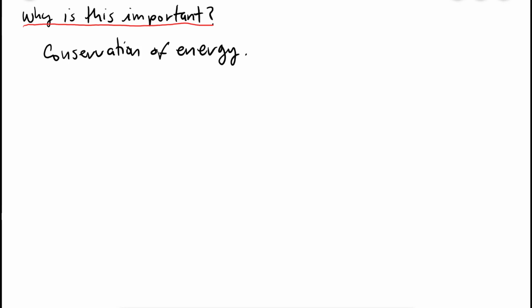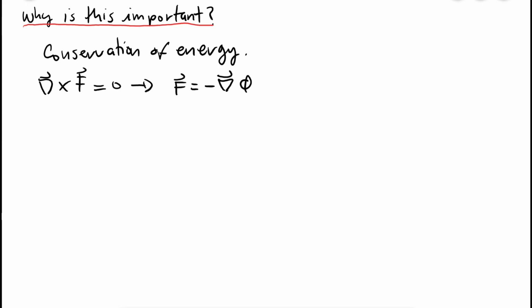Mathematically speaking, if the curl of a vector field is zero, then this implies that F can be written as the gradient of some function that I call the potential energy function.